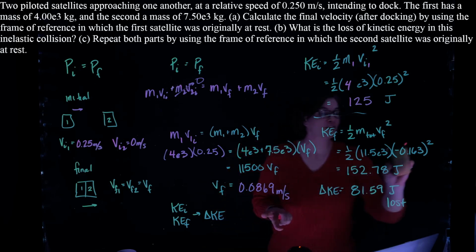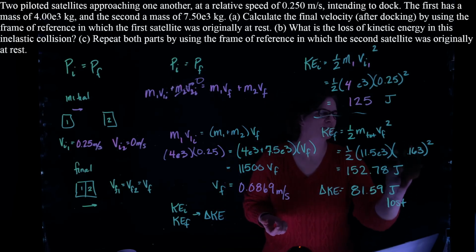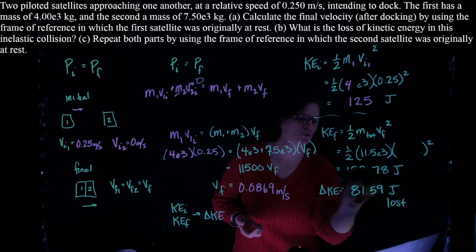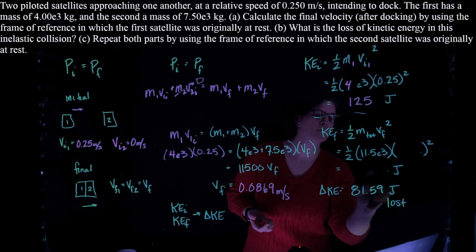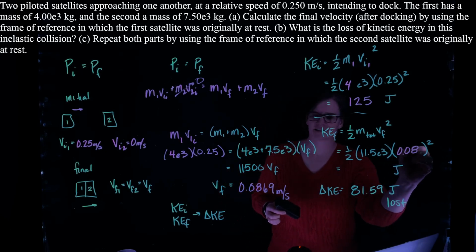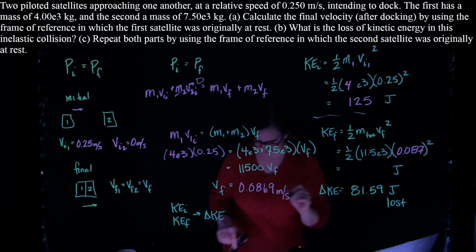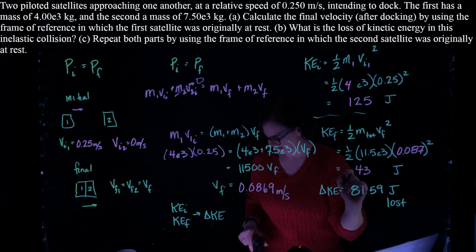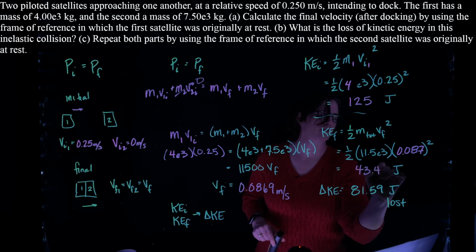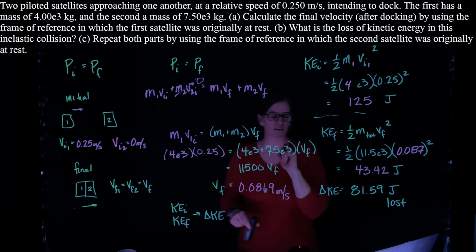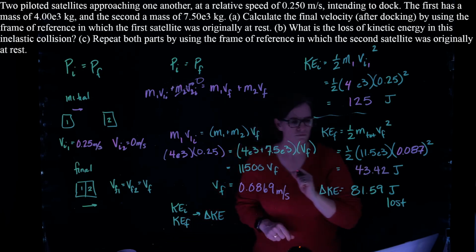Similarly, the final kinetic energy of the system is not going to be 152 joules, because we're now moving at a lower speed. But instead, the final kinetic energy, since the speed is less, is 43.42 joules. So that relative speed is smaller, and so that final kinetic energy is smaller.